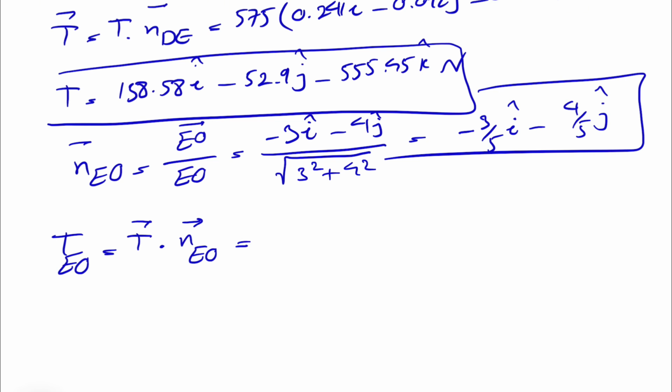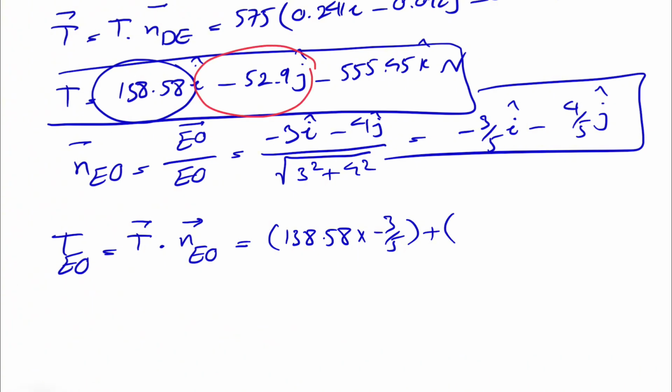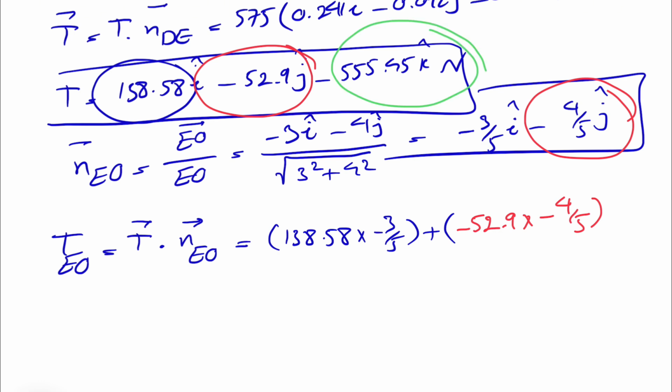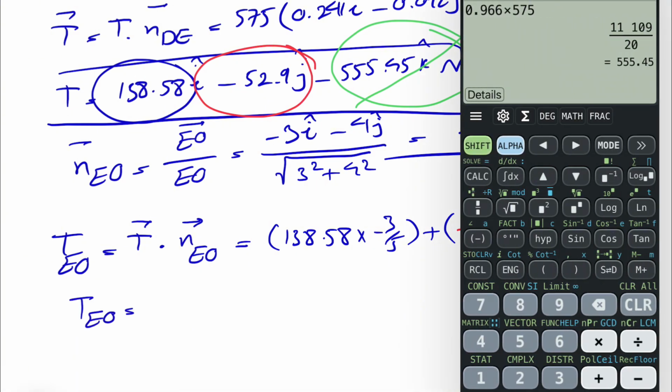So we have 138.58 times minus 3 over 5 plus minus 52.9 times minus 4 over 5. And for the Z, we have this one times 0, which will be cancelled out, so nothing from that part.